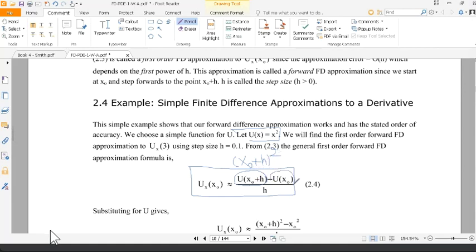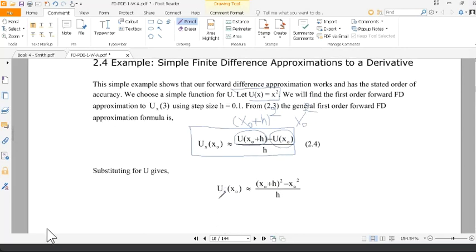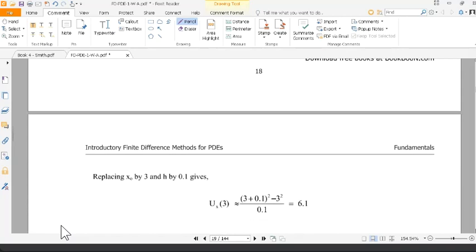And u(x0) is x0 power 2. And for this example, we have u_x, the first derivative of u with respect to x at x0, approximated by ((x0 + h) power 2 minus x0 power 2) over h. Is it okay until this part? Yes or no? Okay. Yes, Doctor. Very good.